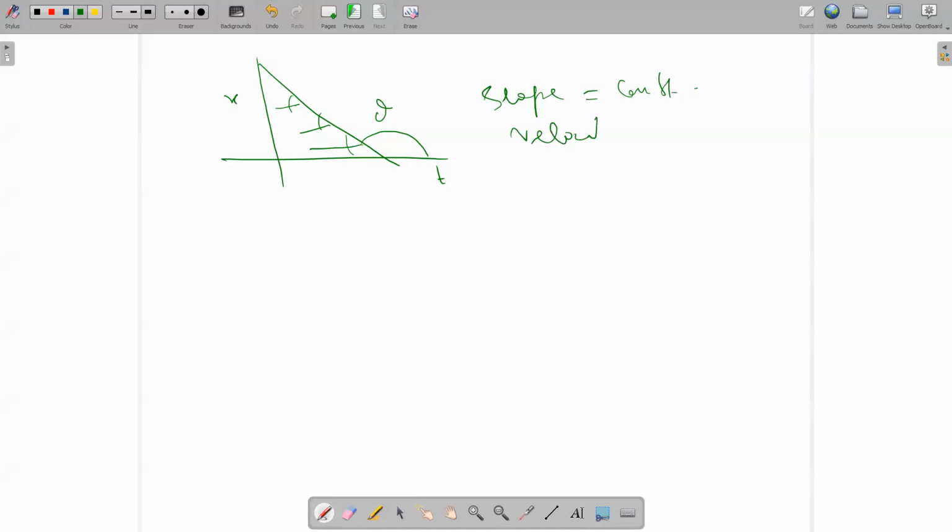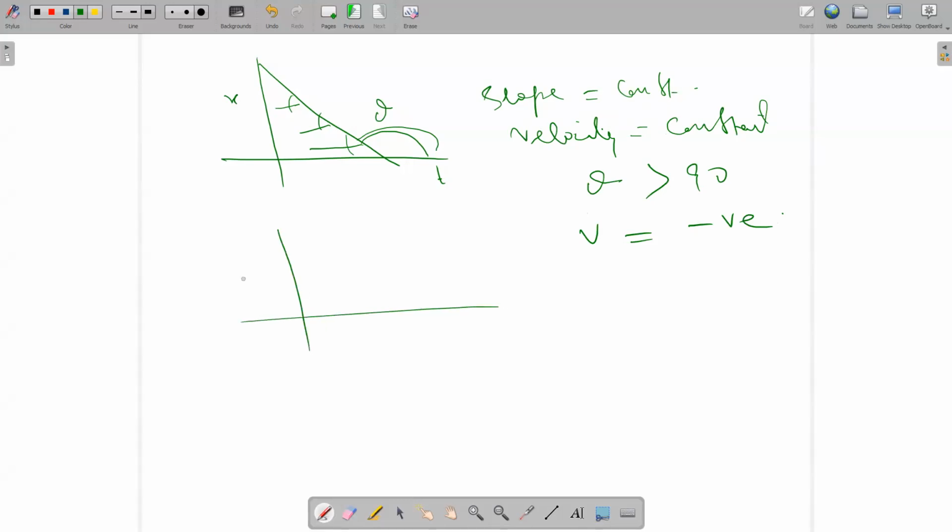Velocity is constant. Theta is greater than 90 and velocity will be negative. So if you want to make a VT graph, velocity is negative and constant again. So this is the line.